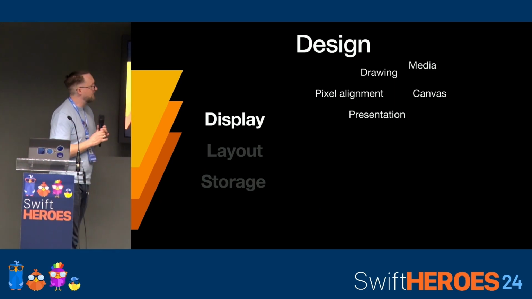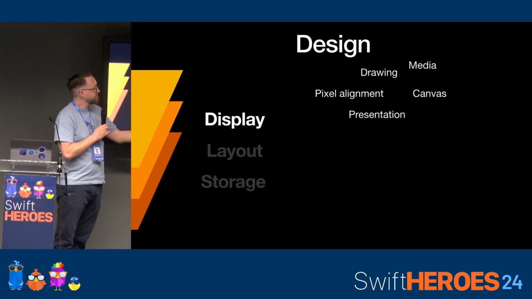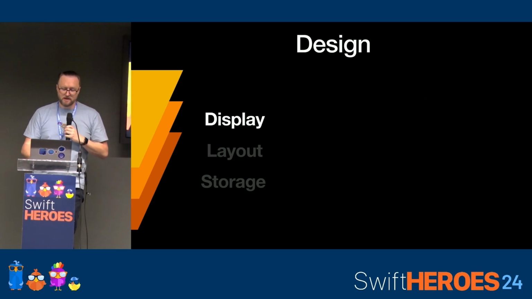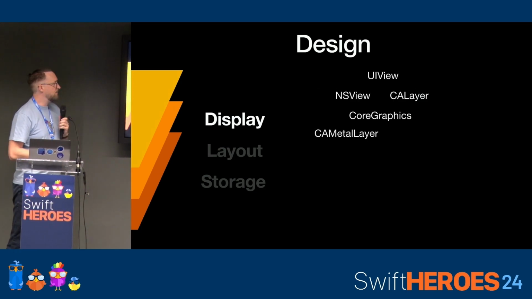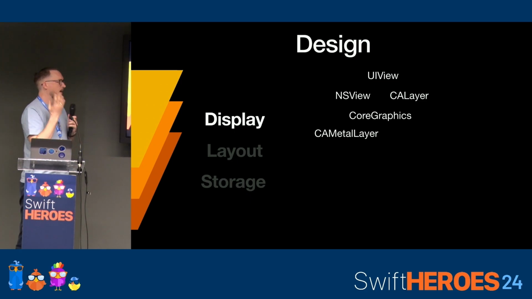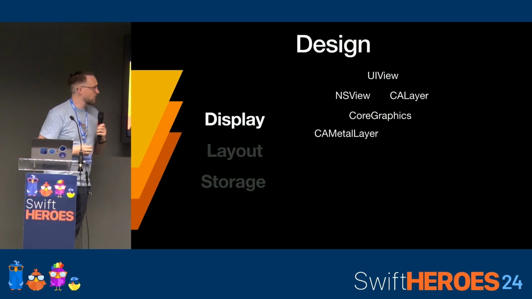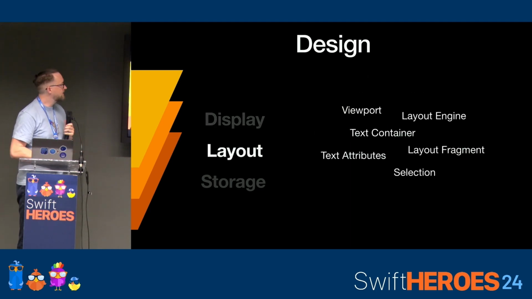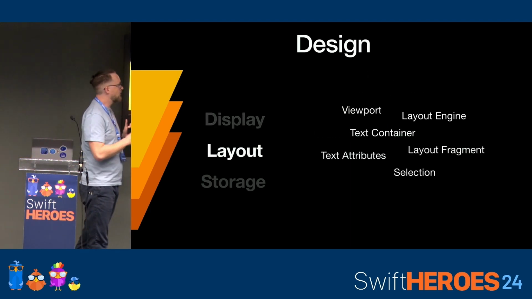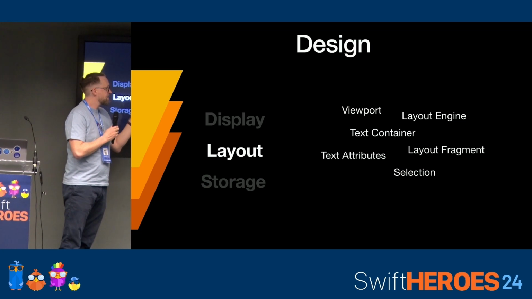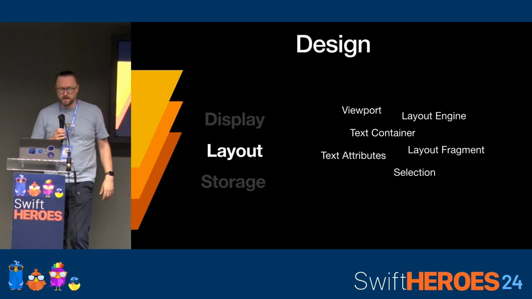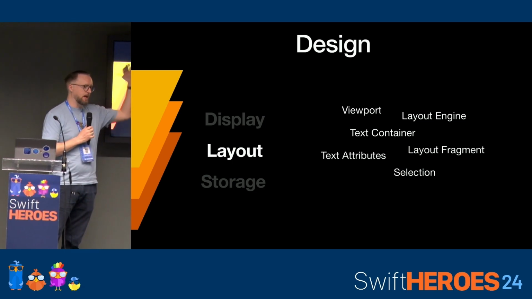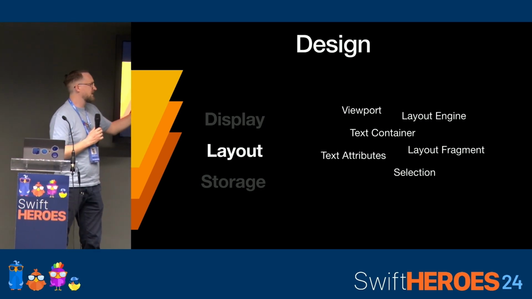So on the display, we have a canvas, some drawing, the presentation layer that may map to objects we know. So it can be UIView, Core Graphics, Core Animation layer. Layout is the engine that does all the heavy work, and it works with the text container, which is a frame. It works with the layout fragments.